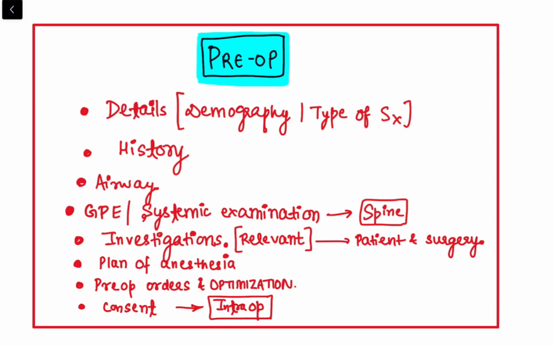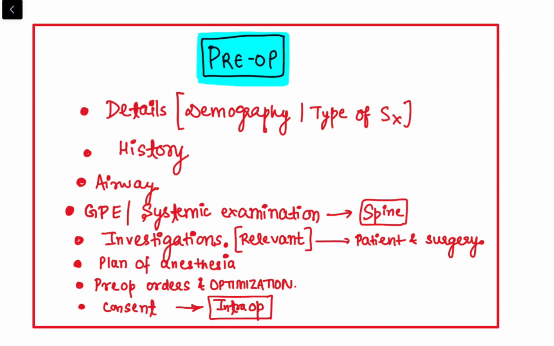patient and a neuraxial anesthesia, it is obvious that in the examination you will be focusing on the spine of the patient. All right, the neurological component of the patient, the CNS examination, will impact a lot, because you're going to give a neuraxial blockade.